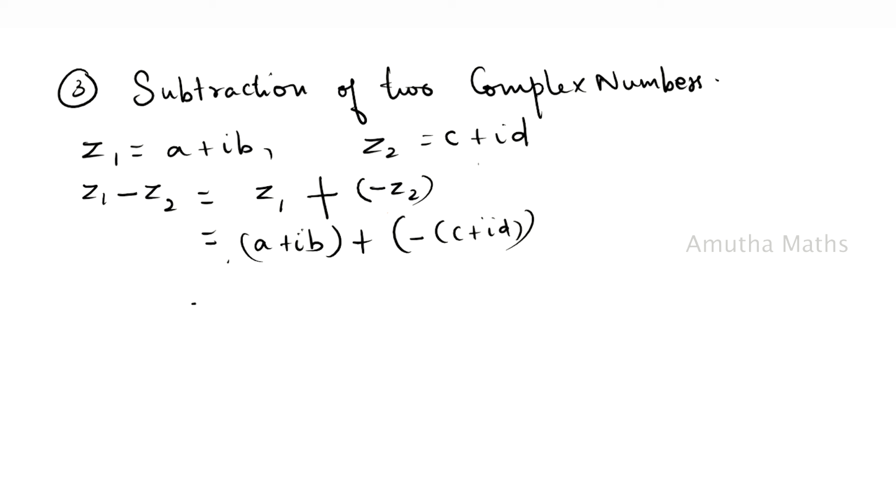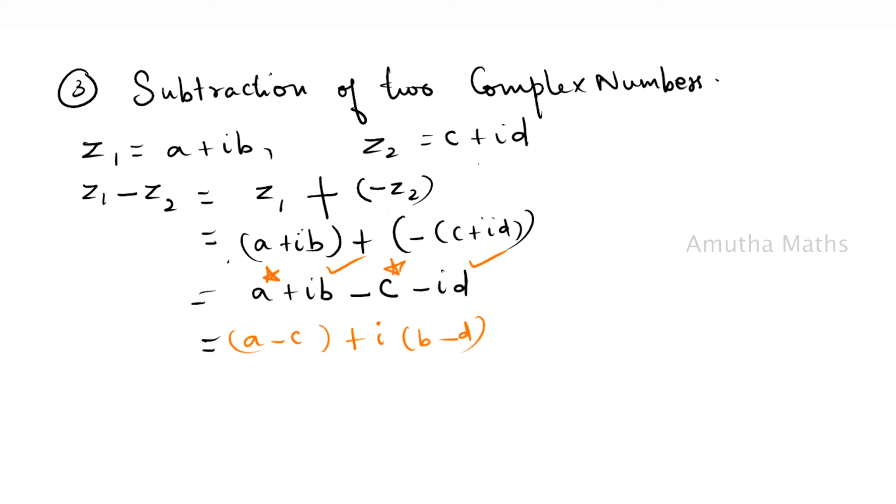So this is equal to a plus ib minus c minus id. We have to add the real part separately and imaginary part separately. So this is real part and this is imaginary part. So a minus c plus i into b minus d. Okay, this is subtraction of two complex numbers.